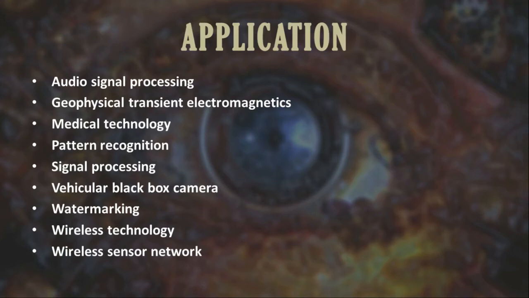It is also used for medical image compression and brain tumor image compression. Signal processing: used for digital signal processing, analog to digital converters, signal to noise ratio conversion, pattern recognition. Vehicular: black box camera. Watermarking: used for digital watermarking, video watermarking, 3D video marking.